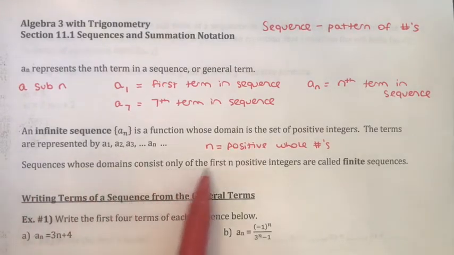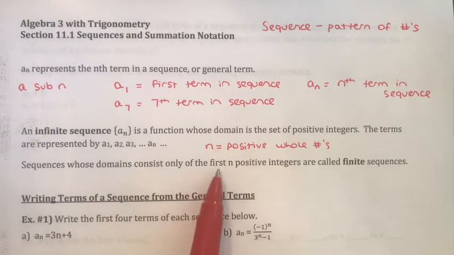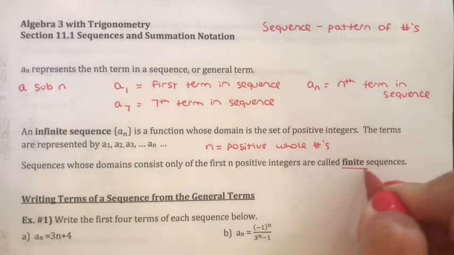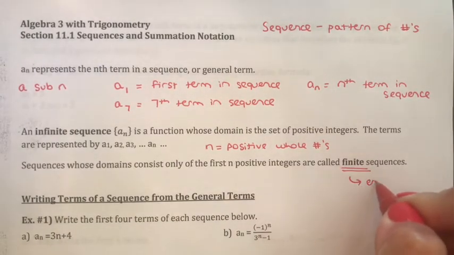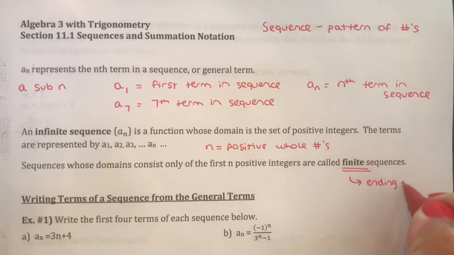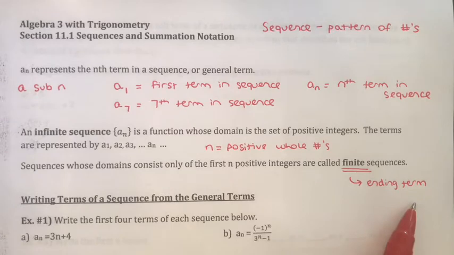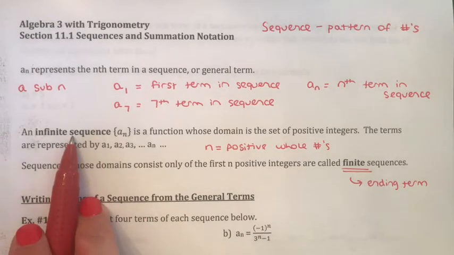Sequences whose domains consist of only the first n positive integers are called finite. That just means, this word finite, means there's an ending term. So the sequence starts at one number, ends at another number, and that's it. Whereas infinite means it goes on forever.